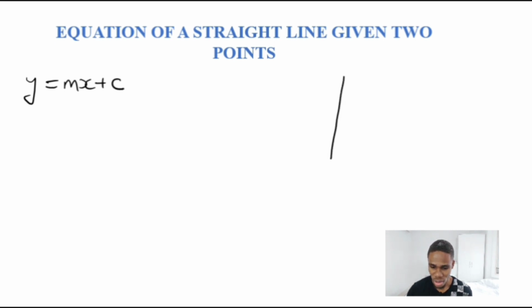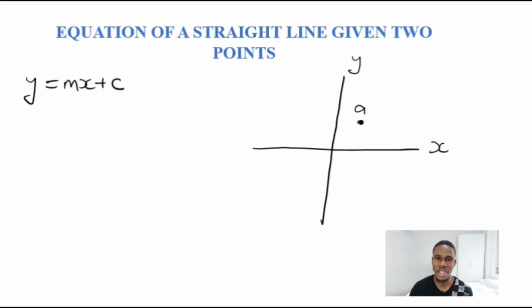So what happens is you have an x and y axis, and you have point A having xy coordinates, let's say x coordinates for point A and y coordinates for point A is over here, and xy coordinates for point B to be somewhere here.